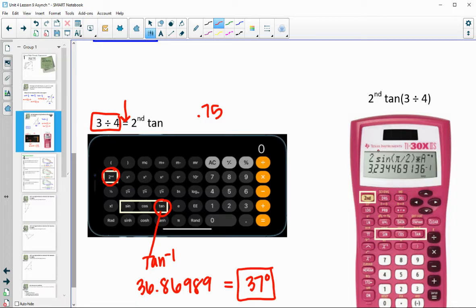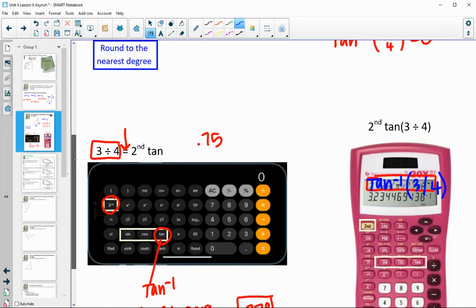If it shows on your screen what you've typed in, then you'll hit second tan first, and what pops up will say tan -1 with a parenthesis, and then you type in 3 divided by 4. That again will give you this same decimal. Make sure you know how to type it in your calculator before moving on.